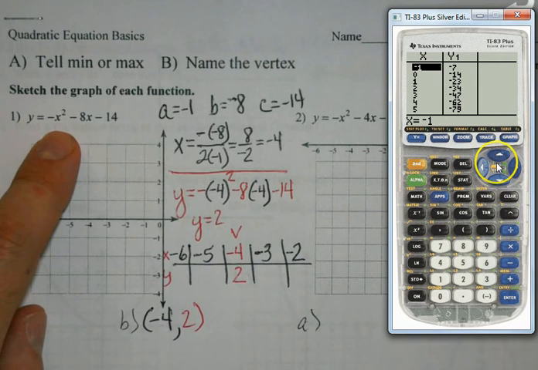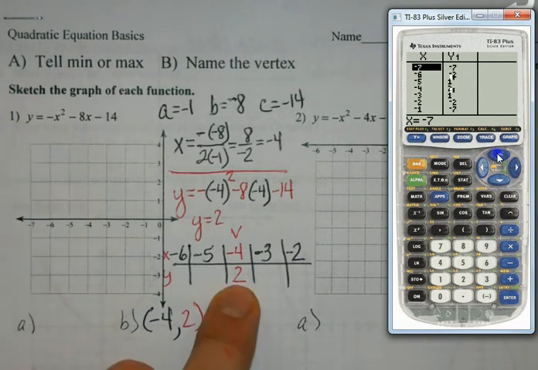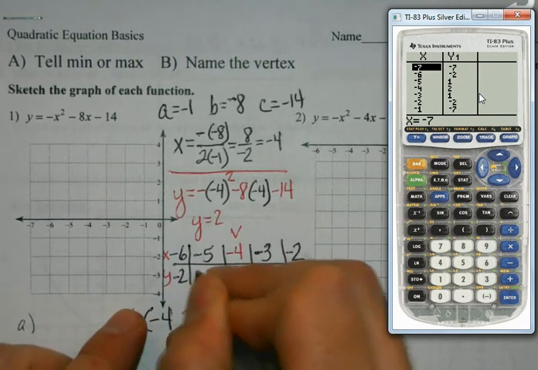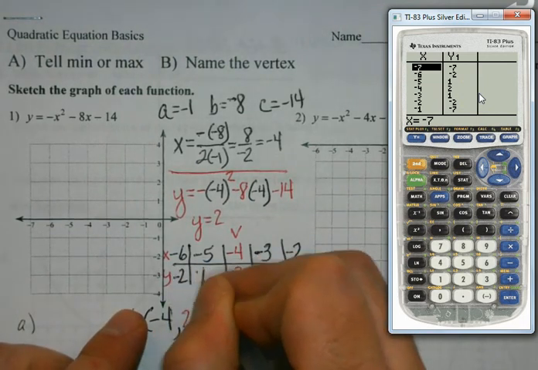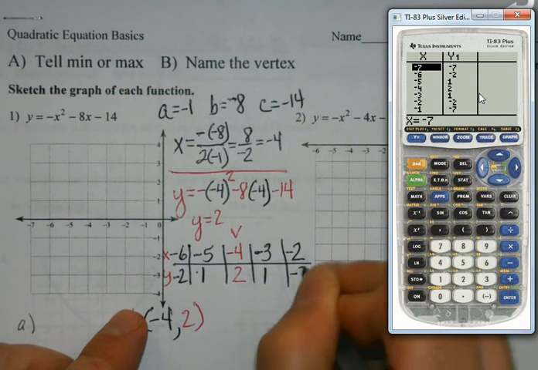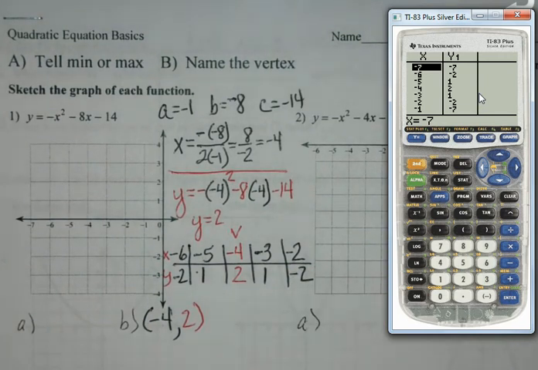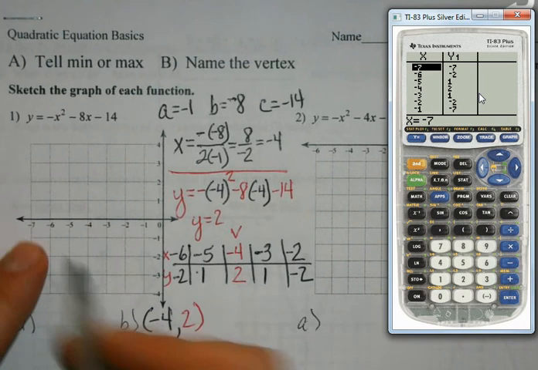Now, if I did things right, you're like, oh my gosh, those numbers, they're so huge, I can't even get them on the screen. But remember, I want this vertex in the middle because look now, 1 and 1, negative 2 and negative 2, 7 and 7. I see the symmetry. So now I can just copy what I see for those values, and I can just swing them over here.